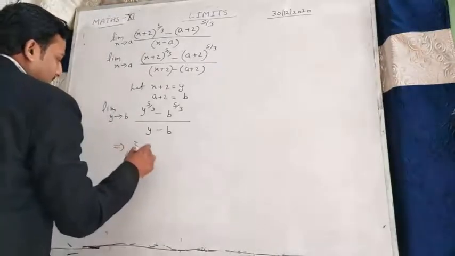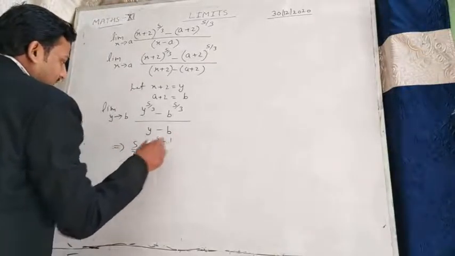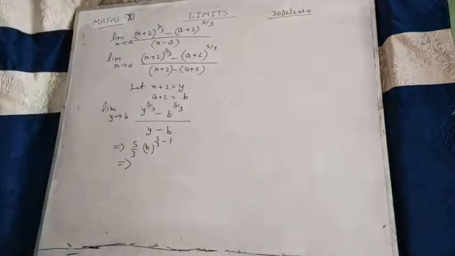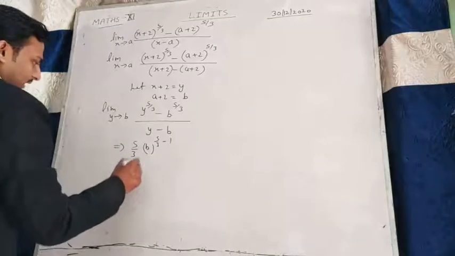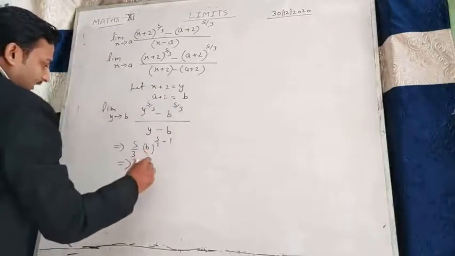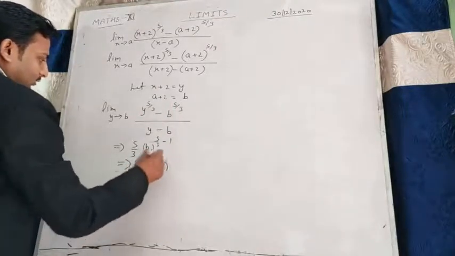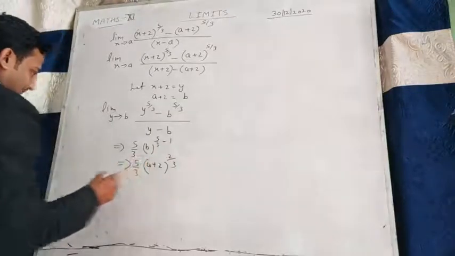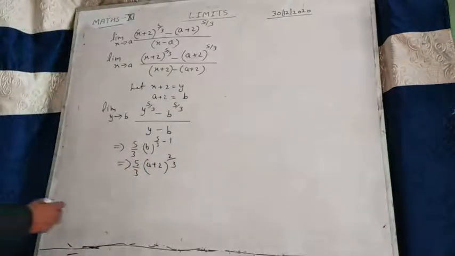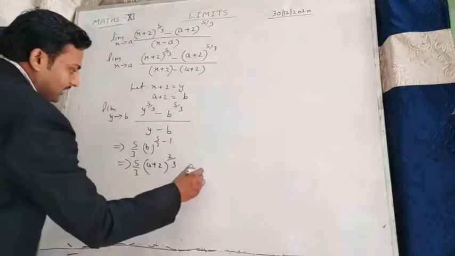So n a to the power n minus 1 gives 5 by 3, and our b is a plus 2, to the power 2 by 3. So this will be our answer.